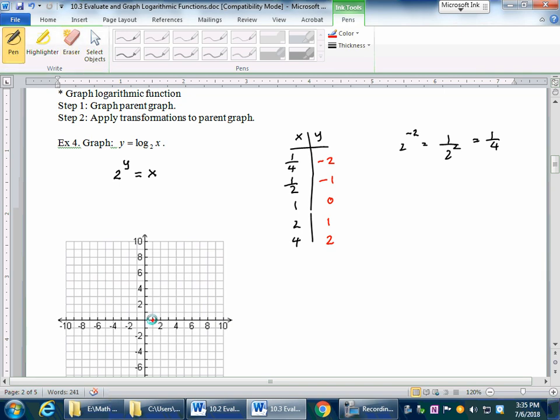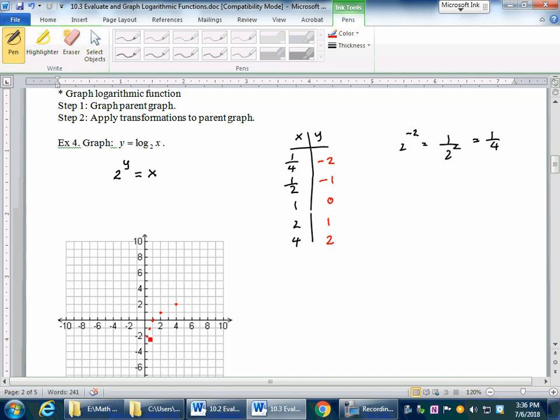At 2 will be 1. At 4 will be 2. And notice that when x is a half, which is 0.5, y will be -1. When x is a quarter, which is 0.25, my y will be -2.